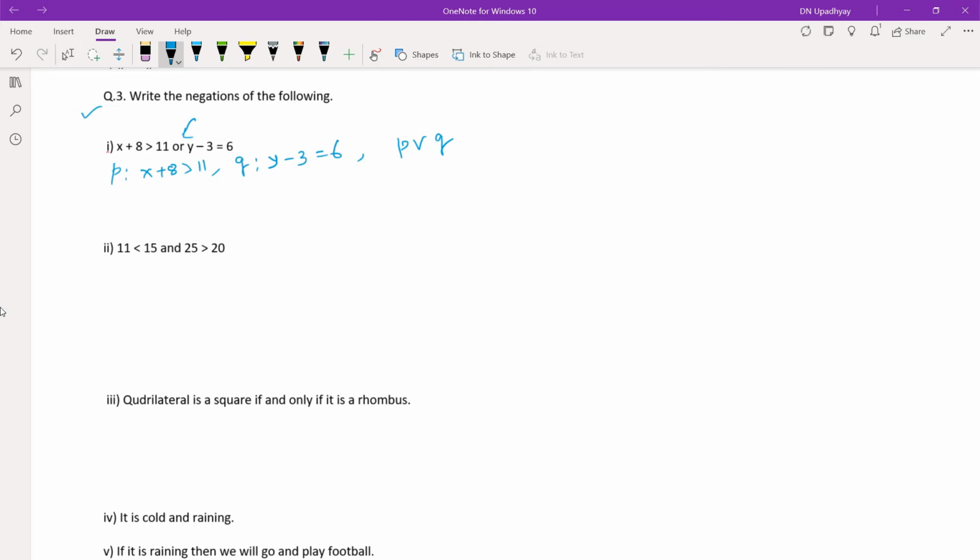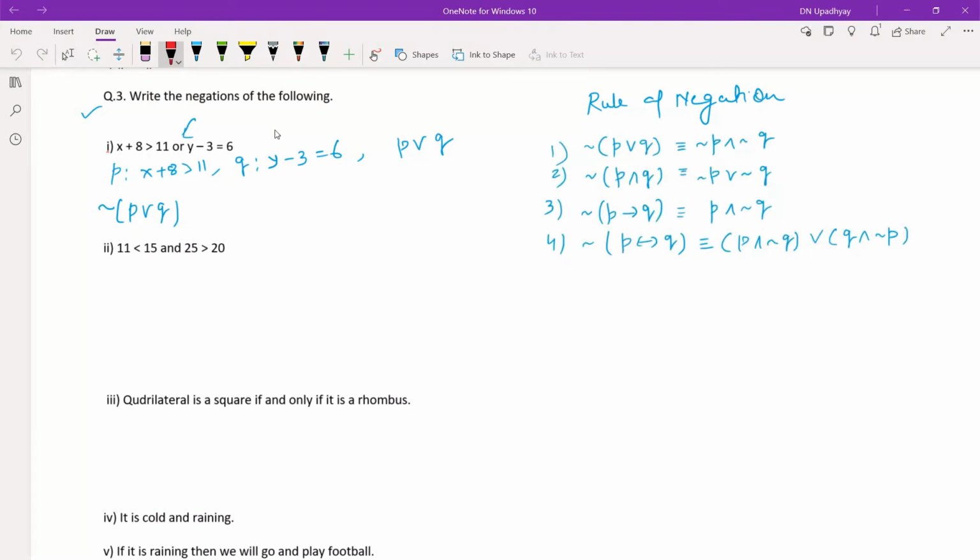Now the negation of this P or Q. There is a rule of negation. Let me write down the rule of negation.